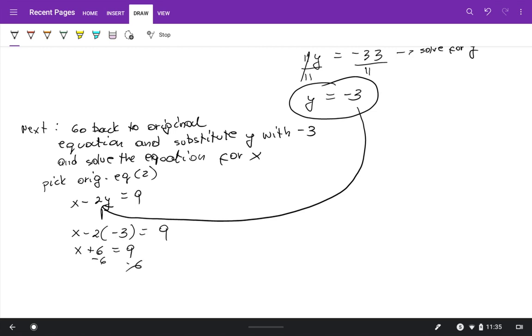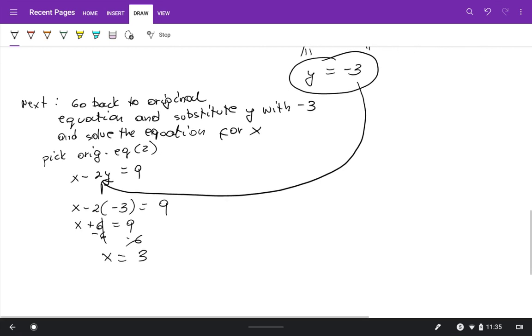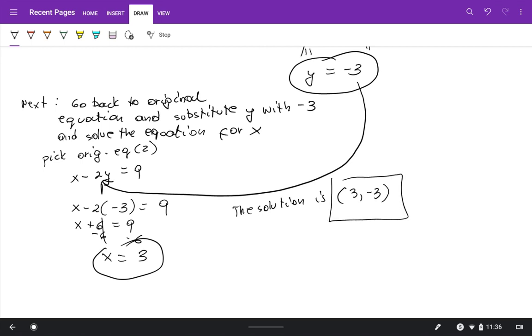Subtract 6. We're getting that x is equal to 3. So when we have x and we have y, we know the solution. So the solution is the ordered pair x comma y, which is 3 comma -3. So that's the point where the two straight lines will intersect.